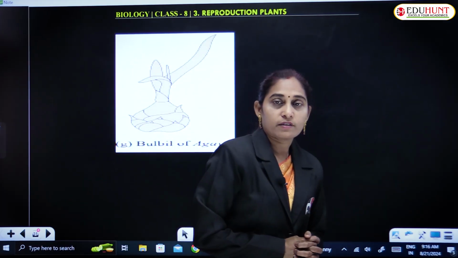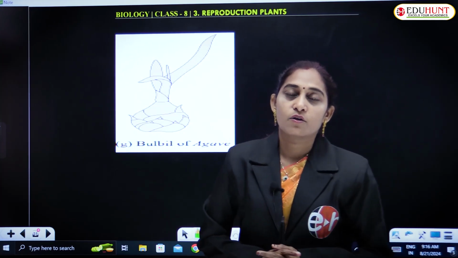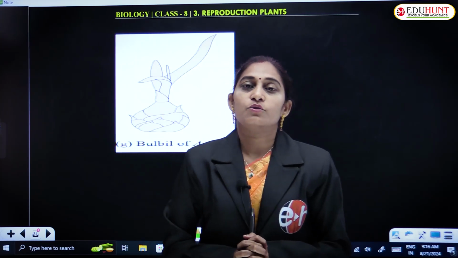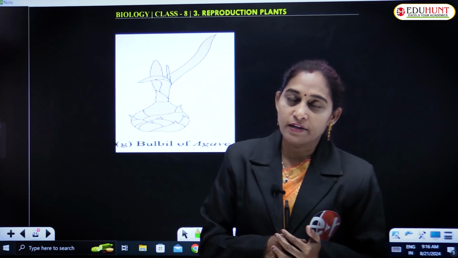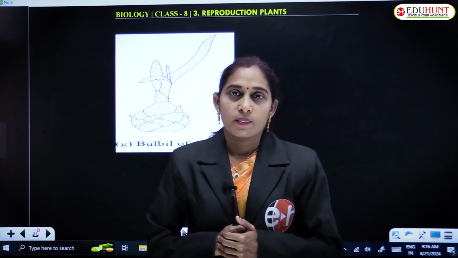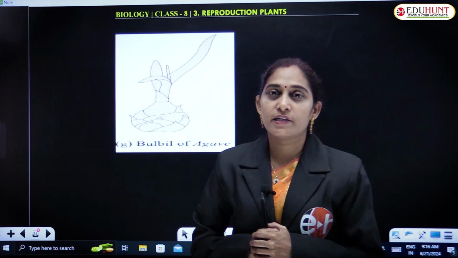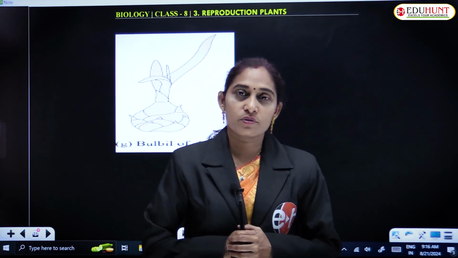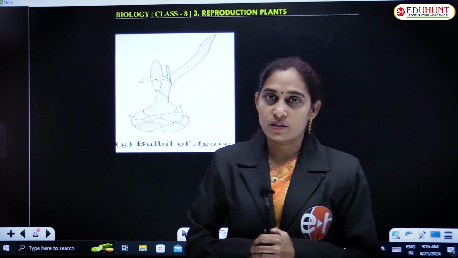Yes, my dear children, with this we have finished our concept of vegetative propagation through the natural way, through stems, leaves and roots. Propagation is nothing but multiplication, and with the help of stems, leaves and roots, they will give rise to a number of new individuals.